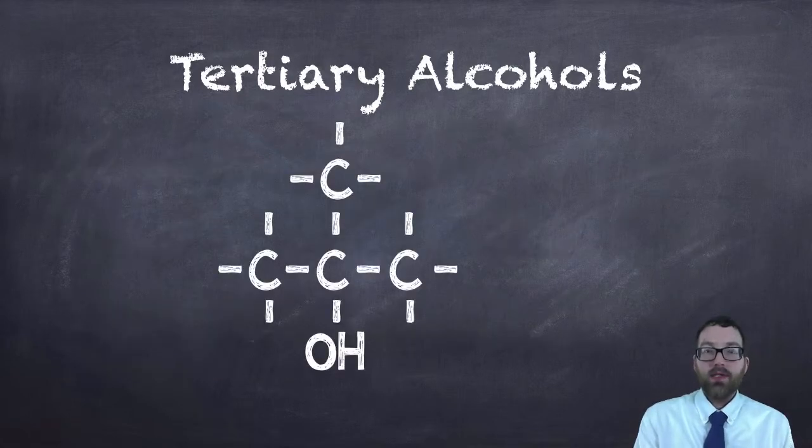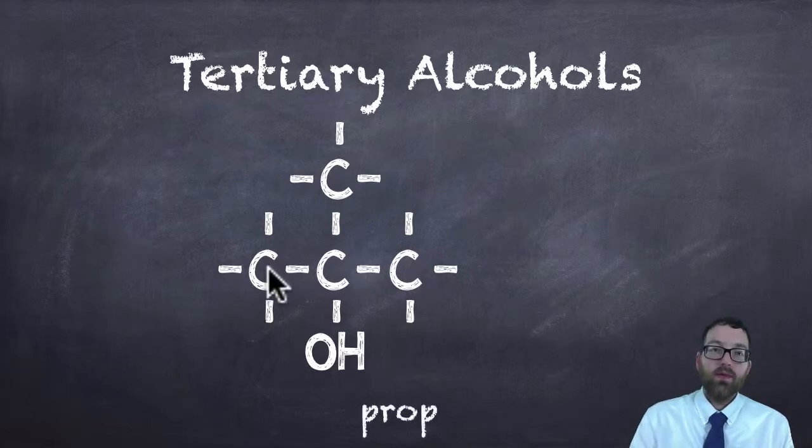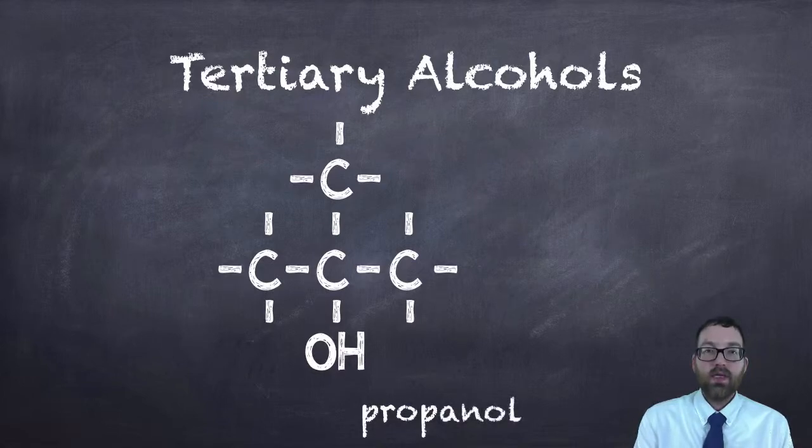So here's my tertiary alcohol. You can see it's an alcohol because it has the OH functional group, and it's attached to a carbon that's attached to 1, 2, 3 other carbons, which is why it's a tertiary alcohol. My longest carbon-carbon chain is 3 in a row, so I will give it the prefix prop. It's an alcohol because of this OH functional group, so it's a propanol.